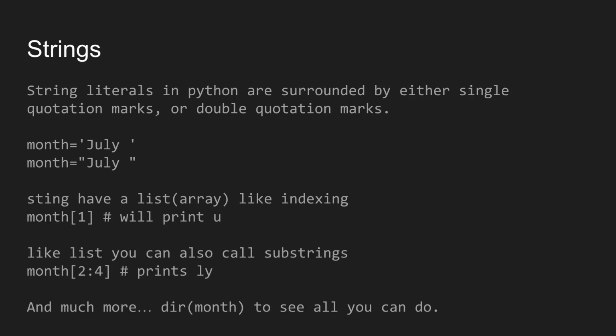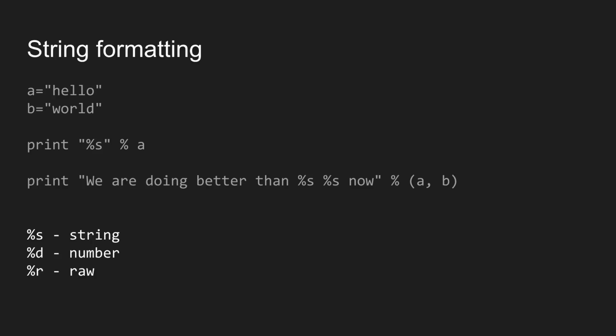So inside of the text, when you print, we are doing better than %s. The %s is a representation of a variable that you're going to fill in at the end. That's called string formatting. It calls that variable and prints it inside of that string.